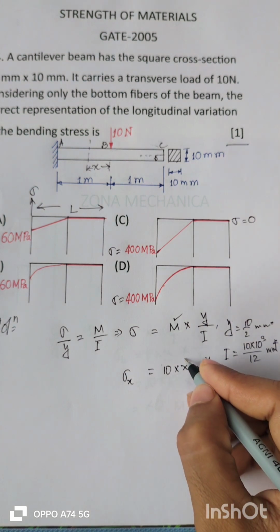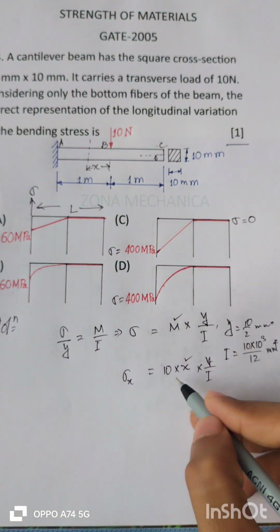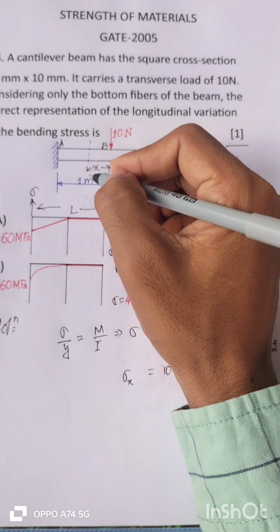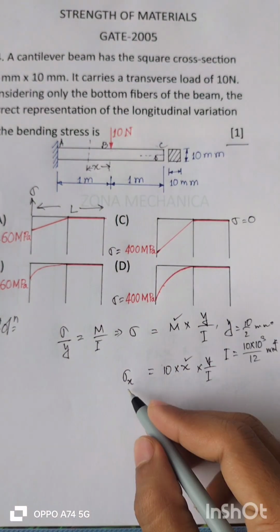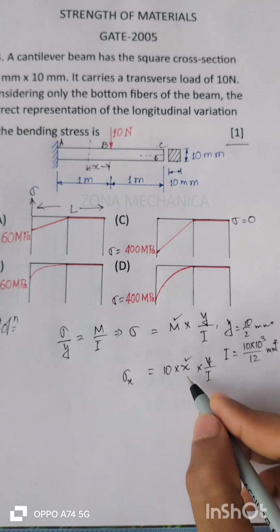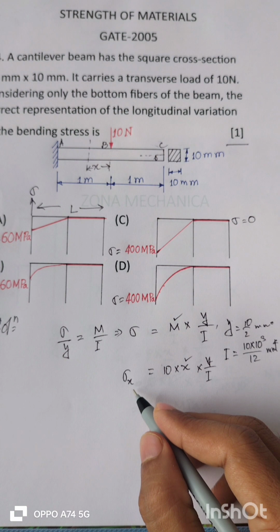So the only variable is x here, that is sigma is directly proportional to x, the distance of the section from the loading point. The variation of sigma with the length will be linear.